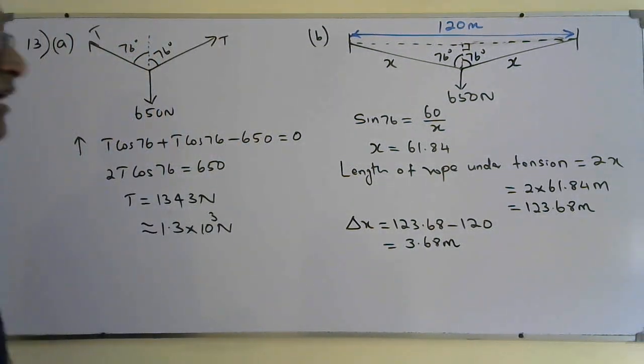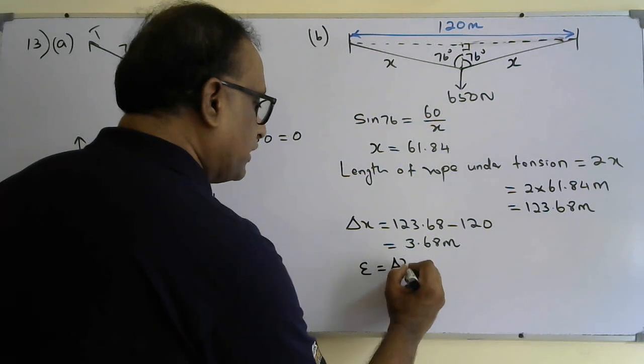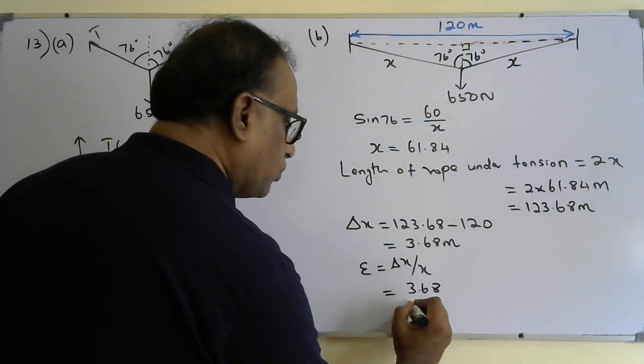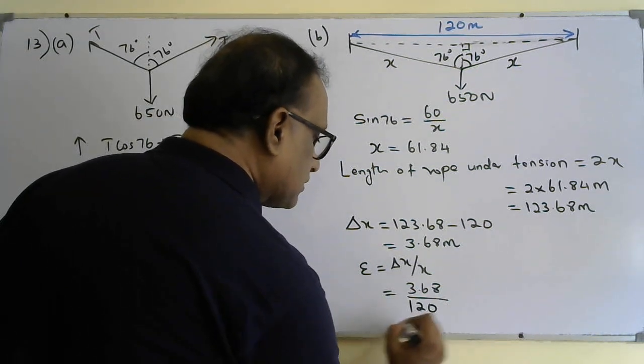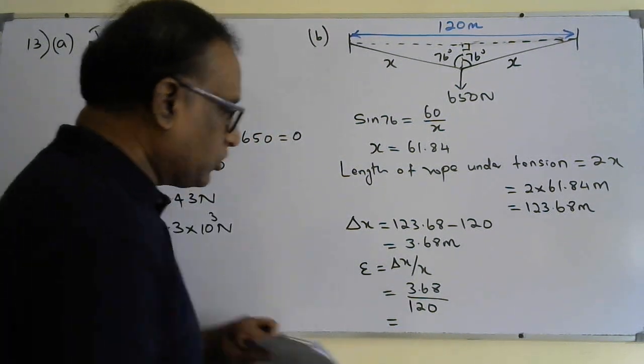That's the extension. They asked to find the strain. Strain is equal to extension over original length given on the data sheet. So 3.68 over the initial length 120, so that will be 0.031.